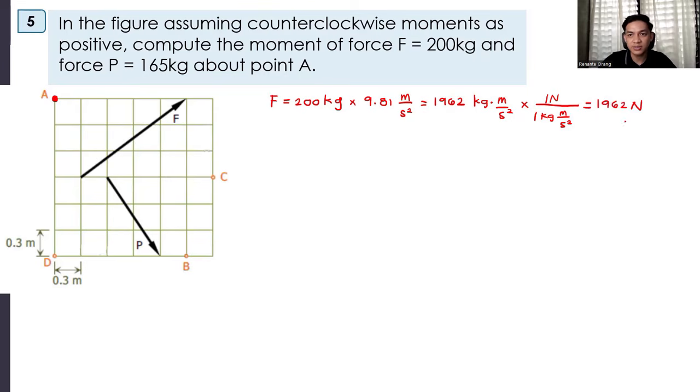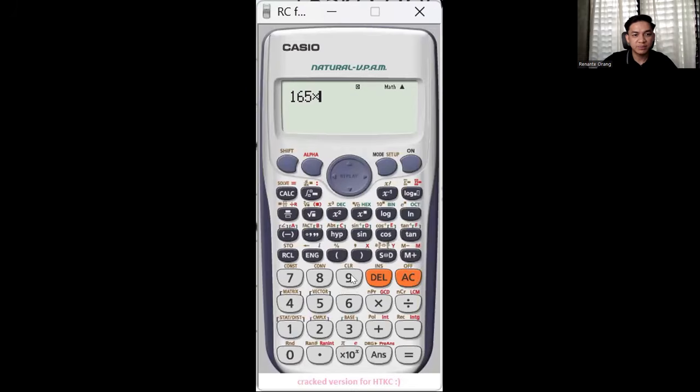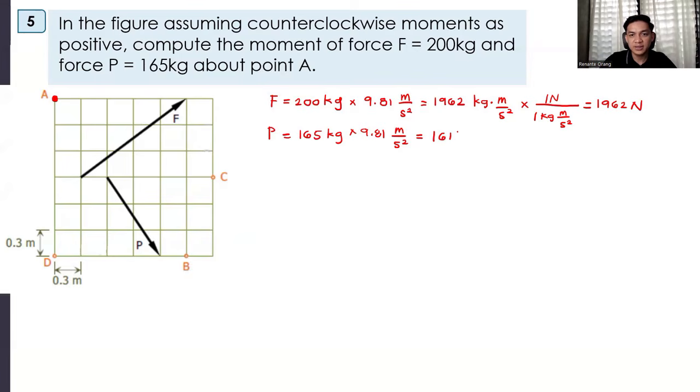So this is equivalent to 1,962 newtons. Next is yung ating force P that is equivalent to 165 kilograms multiplied by 9.81 meters per second square. So 165 multiplied by 9.81. That is equivalent to 1,618.65.